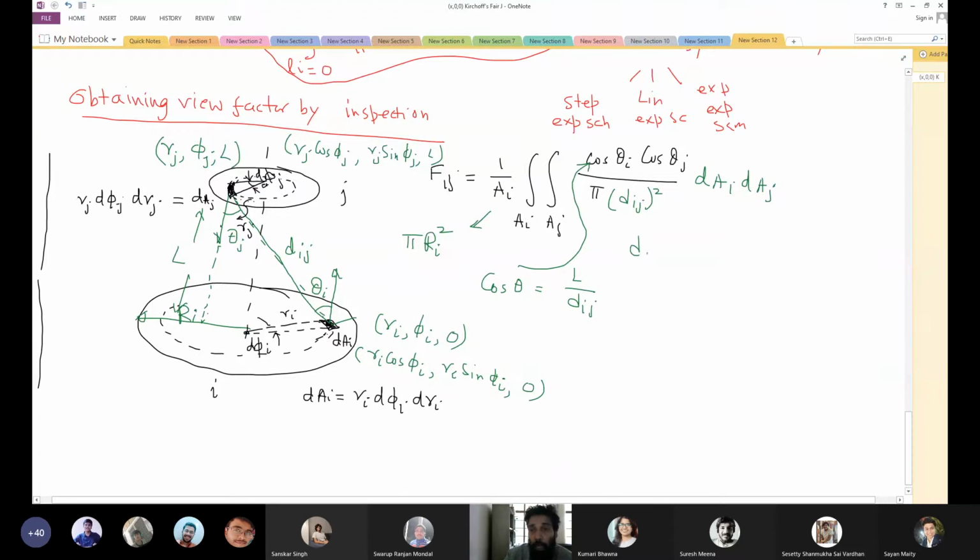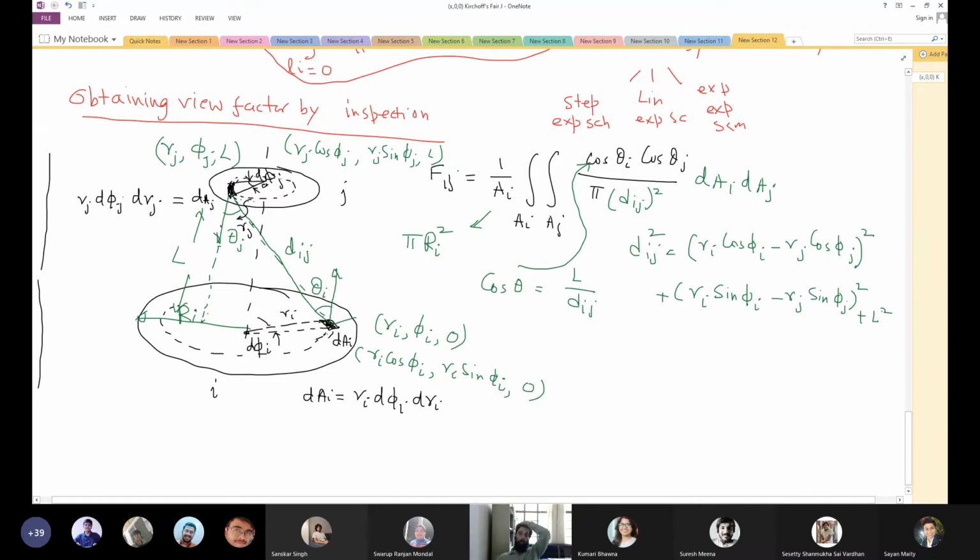So dij squared equals (Ri cos phi i minus Rj cos phi j) squared plus (Ri sin phi i minus Rj sin phi j) squared plus L squared.